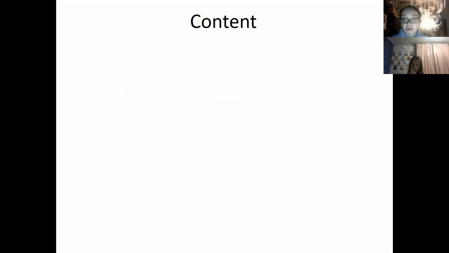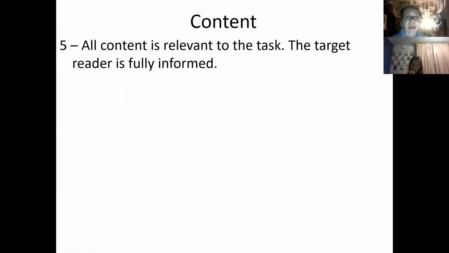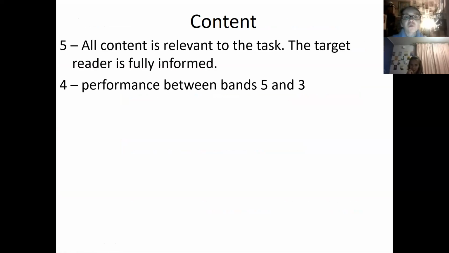So you get 5 for content if everything is relevant to the task and the target reader is fully informed, which means you've fully covered both ideas suggested, and you've added your own idea and developed it fully. 4 is between 5 and 3.